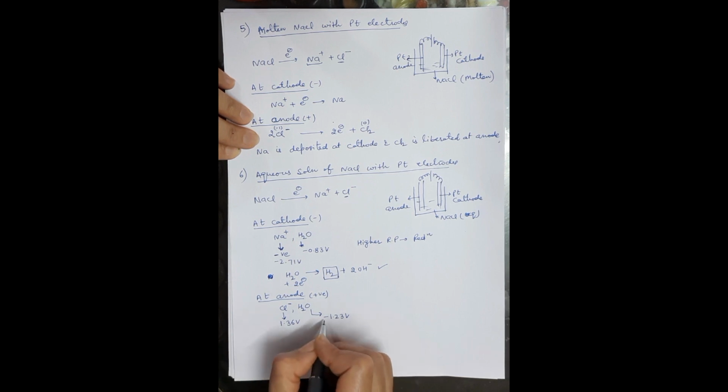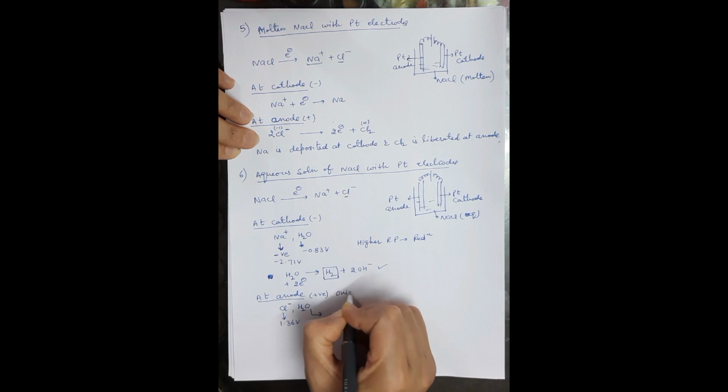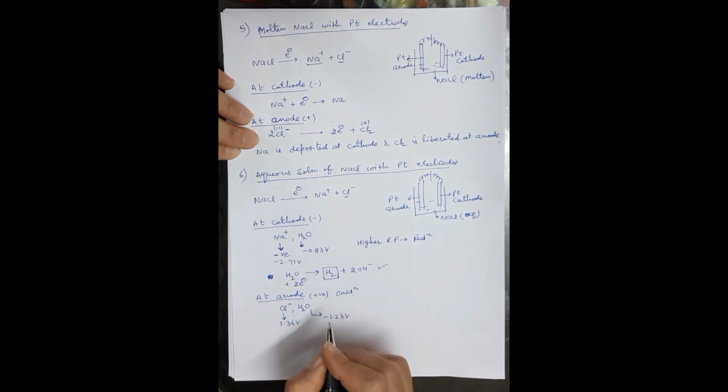Out of the two, one which has lower reduction potential will undergo oxidation, because at anode oxidation occurs. So water has lower reduction potential, so it should have undergone oxidation.